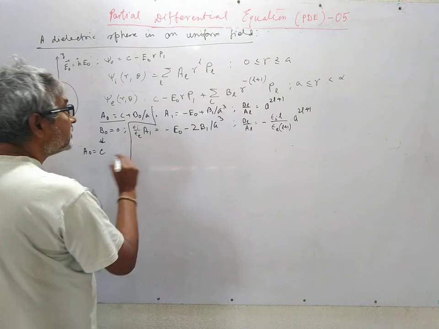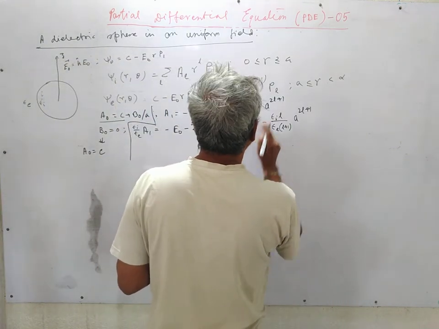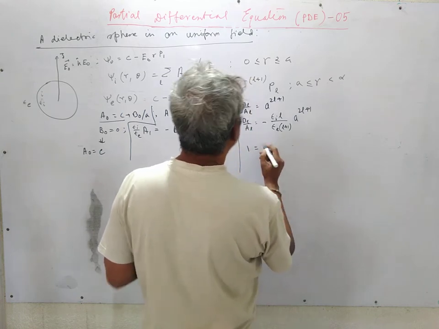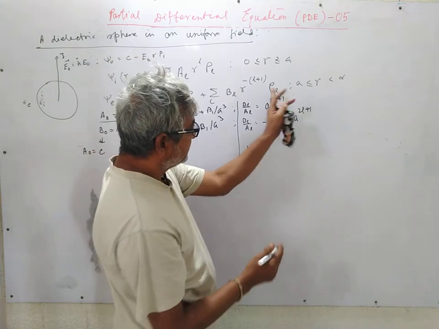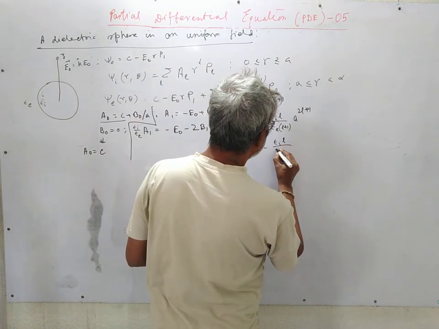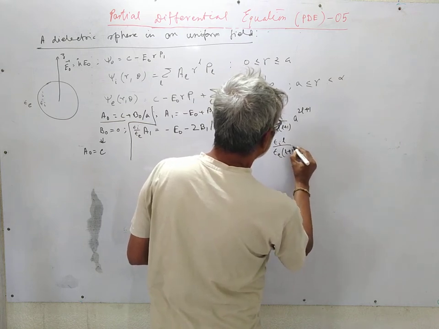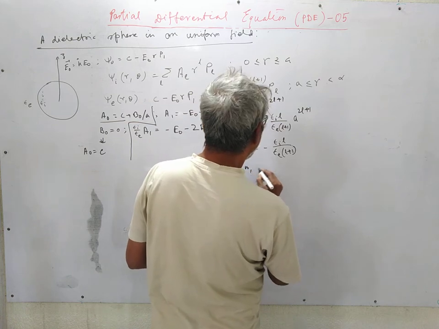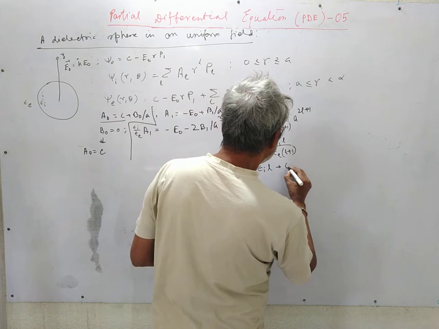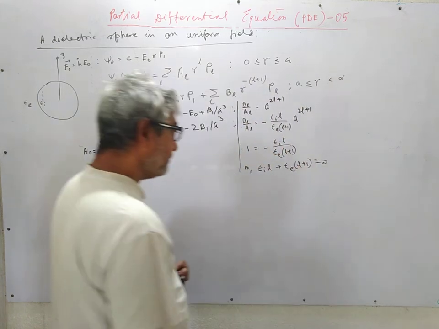And if we consider these two relations, we get A1 is equal to B1 by... is equal to minus epsilon I L epsilon E (L plus 1), or epsilon I times L plus epsilon E times (L plus 1) is equal to 0.